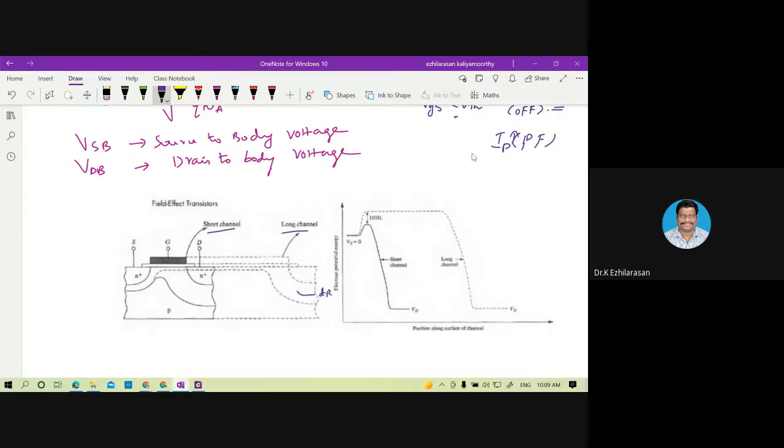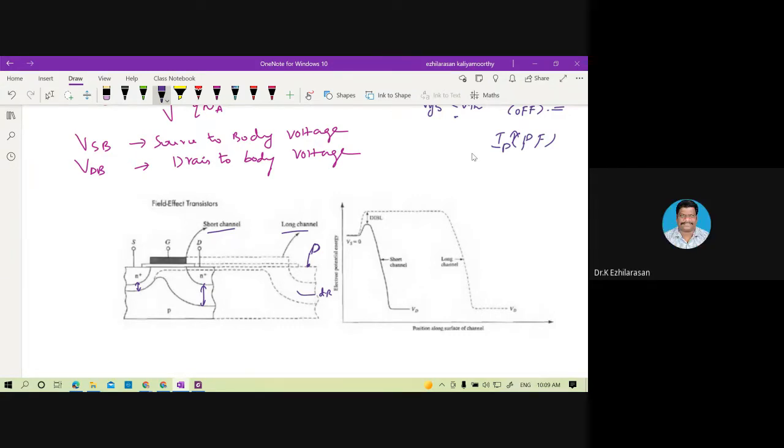See the distance between source and drain. If I take a long channel, this is the source and this is the drain. See how much distance we have, so it is not electrostatically coupled. But in the short channel, it is electrostatically coupled.